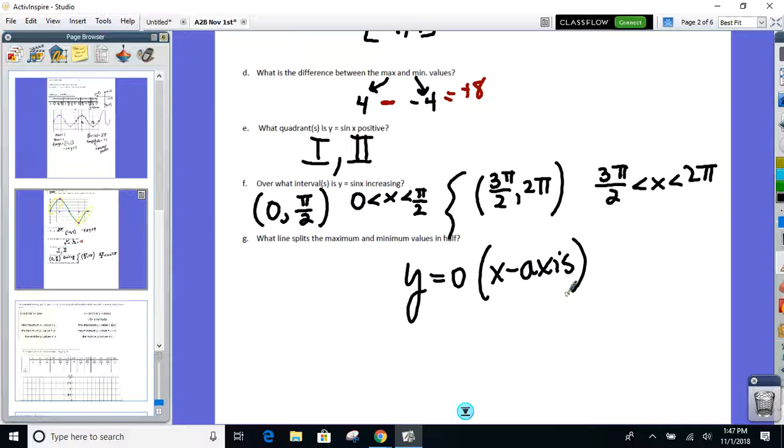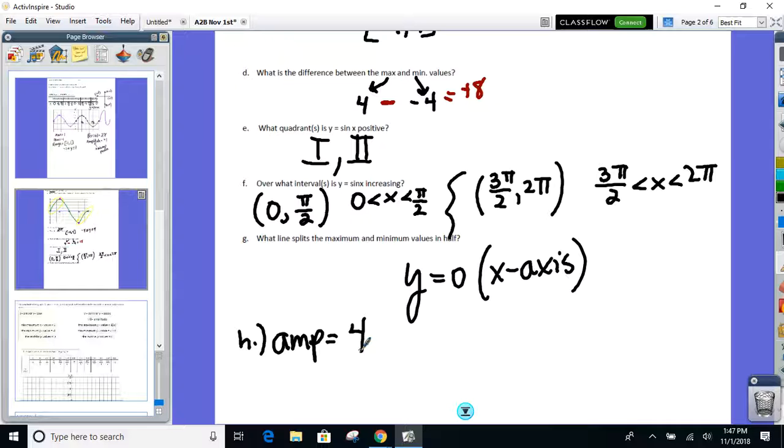Okay. I'm going to add part H. Yeah, I can because I teach the class. How about the amplitude? We answered period in part A. How about the amplitude? How high does it go? 4.